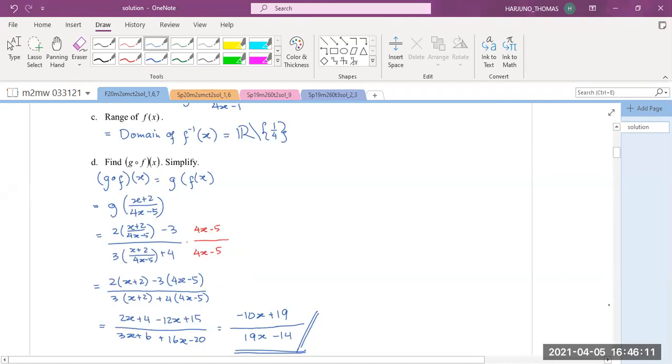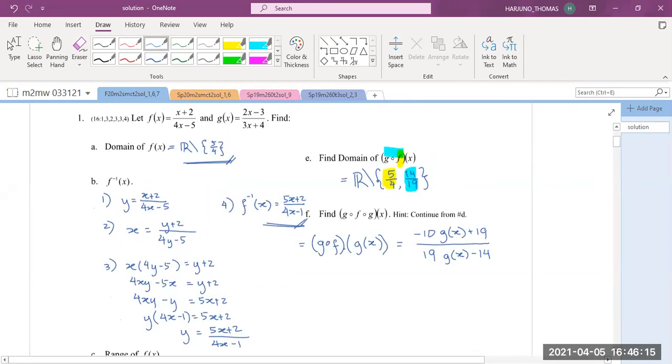Oh, surprise. Okay, now then I will replace my g: negative 10 times (2x minus 3 over 3x plus 4) plus 19, big over 19 times (2x minus 3 over 3x plus 4) minus 14.